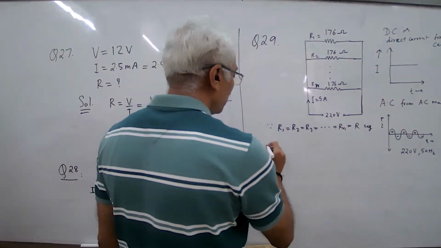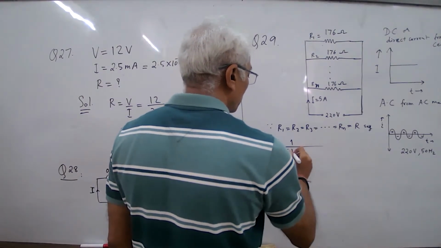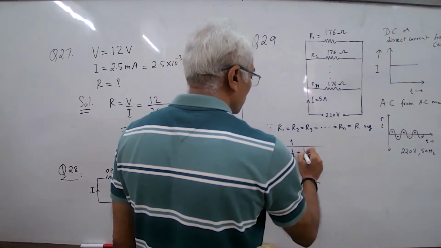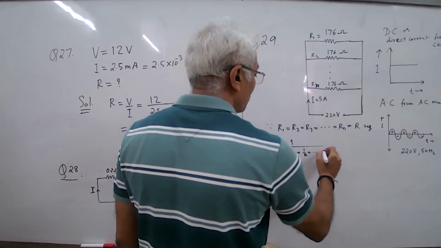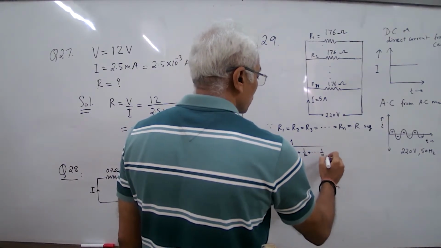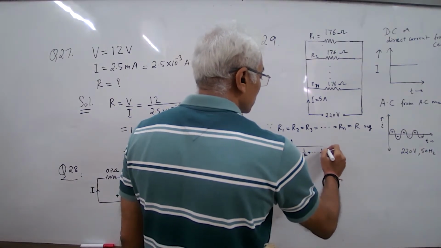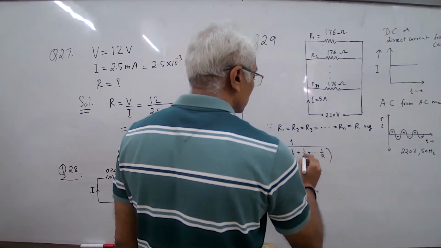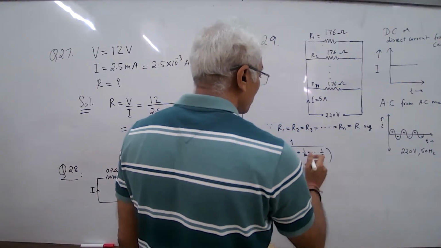So what will be Rp? 1 divided by 1 by R plus 1 by R plus 1 by R, n times.